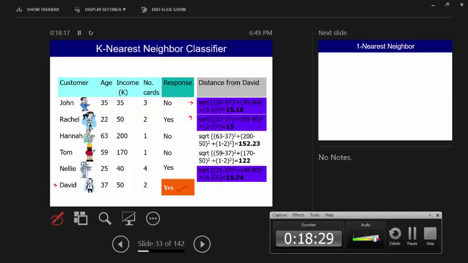One of the calculations here is, for example, Hannah: we take the square root, because we need to square each difference and then add them. First 63 minus 37, that is the age. Then 200 minus 50, that is the income. And finally, the number of credit cards. So the distance is this, and another distance is that.